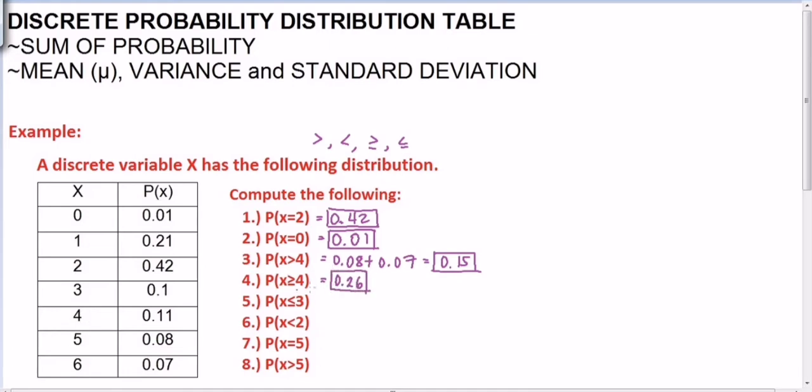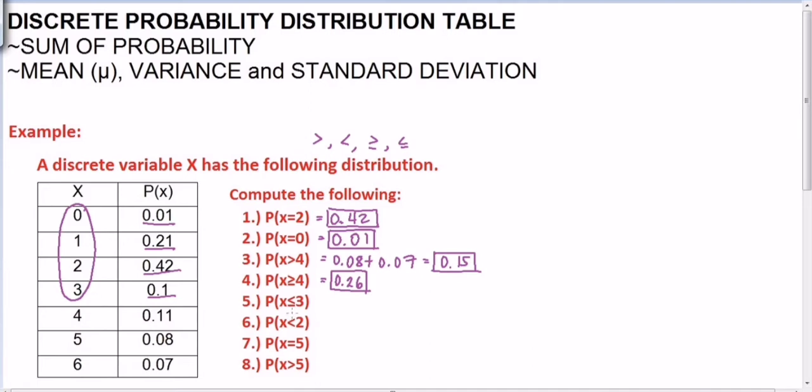Okay? Let's have naman, the probability of x is less than or equal to 3. So, less than or equal to 3, ibig sabihin, yung mga numbers na mas maliit sa 3 o hindi kaya naman 3. So, since may equal sign sa ilalim, isasama nyo yung 3. Ito yung mga i-add nyong probability. So, sila. Itong mga to, yung mga kasama sa probabilities na x is less than or equal to 3.